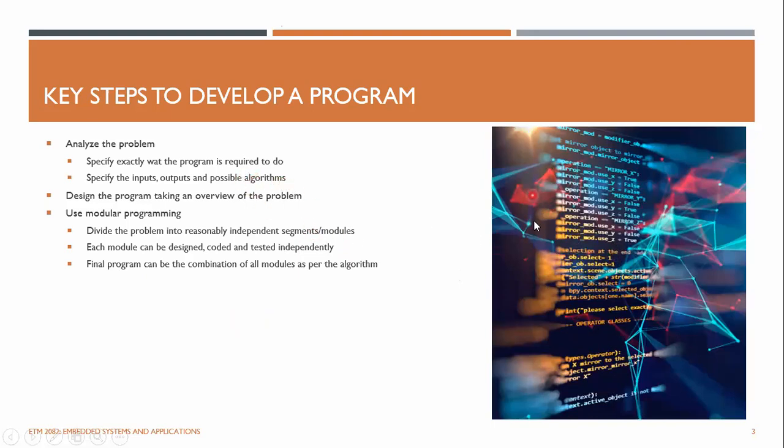So that will run in order, like doing this segment first and the second segment as the next stage. Based on your algorithm, you can see how you can combine these modules.